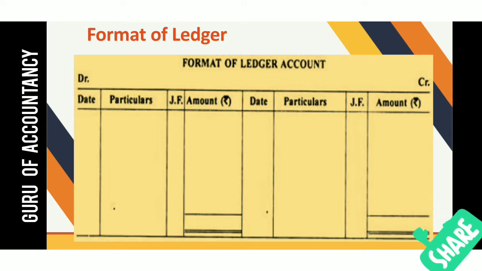For example, if we prepare creditors account, then it will give information about total amount payable to creditors. So creditors account will give information about amount payable to creditors. Similarly, if you prepare debtors account, then debtors account give information about amount recoverable from that particular debtor.